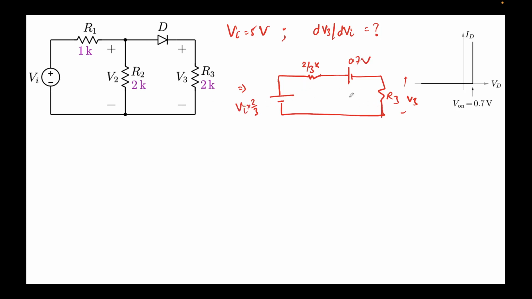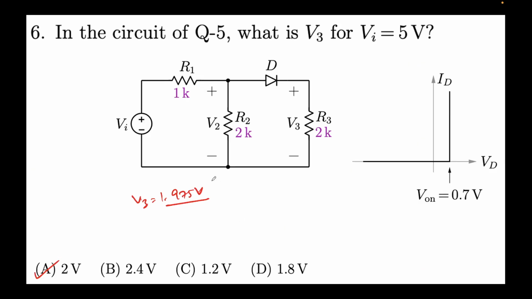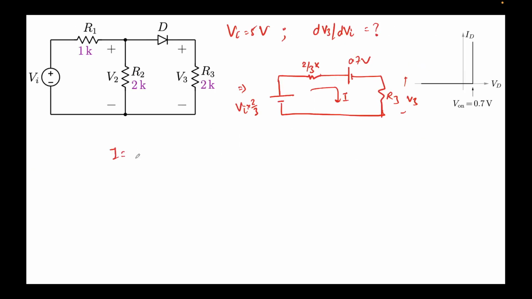Now what I'll do is I'll again apply the KVL in this loop, assuming current I is flowing, so this will give me the expression. I was coming out to be 10 by 3 minus 0.7. So 10 by 3 means Vi into 2 by 3 minus 0.7, divided by 8 by 3k, and this gave us V3 was I times R3.